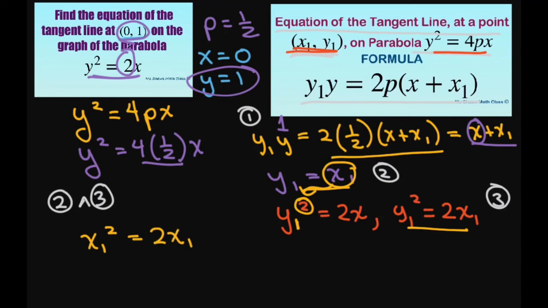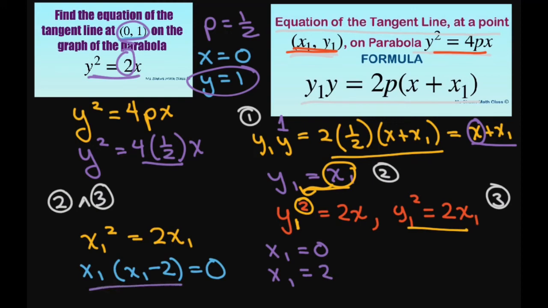I can move everything over and get x sub 1 times (x sub 1 minus 2) equals 0. That means we have x sub 1 equals 0, or x sub 1 equals 2 for this equation. So when x sub 1 is 0, that means our y sub 1 equals 0. When x sub 1 is 2, we're going to get y sub 1 equals 2.